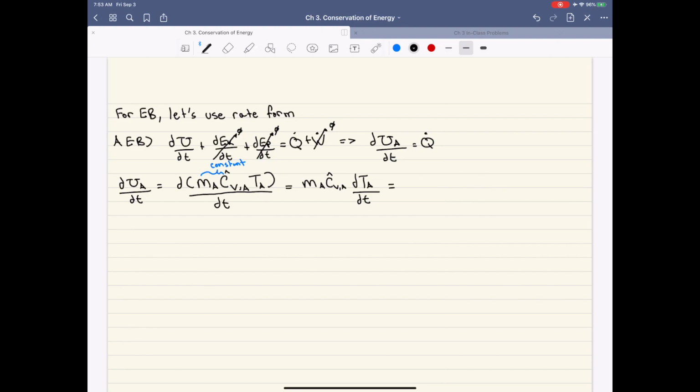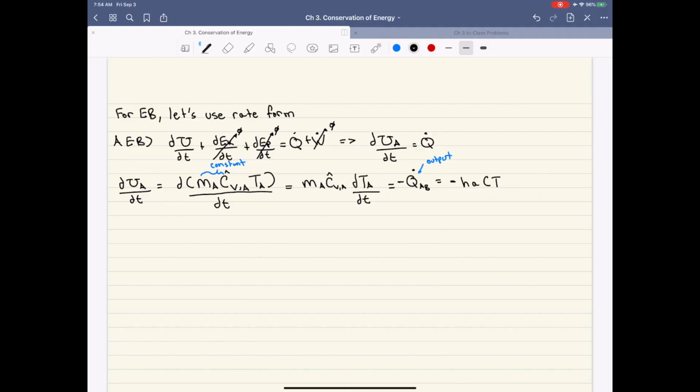On the right-hand side, the heat that we need to care about is the heat that's going from the gas to the cylinder itself. Okay? And there's going to be a negative sign on here because this is an output. This is leaving the system A. This is leaving the gas and going to the cylinder. All right? So we have that negative sign there. That sign's important.